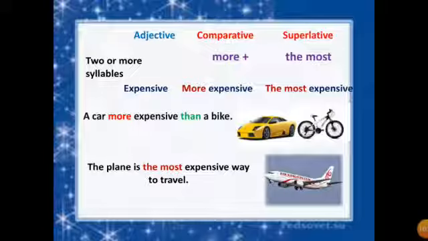That's why we use more in comparative form. And the next, the plane is the most expensive way to travel. In this sentence, expensive has three syllables. That's why we use most in superlative form, and the article the.